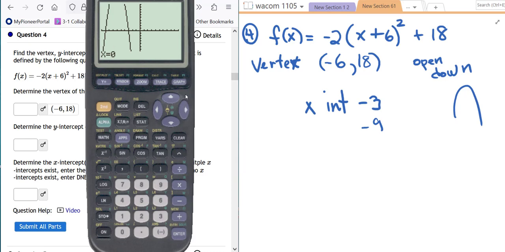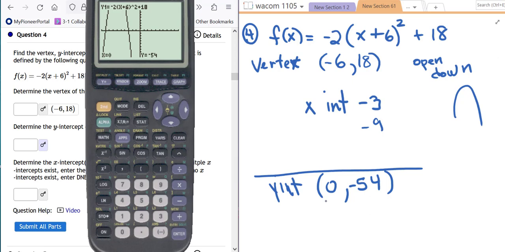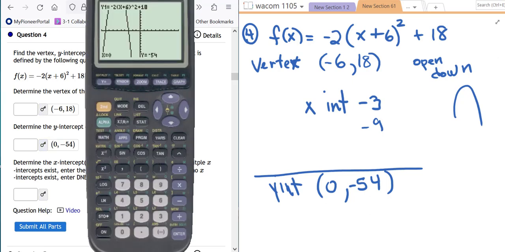Y-intercept, Mrs. H. So, we'll go back to those others in a minute. Y-intercept is 0, negative 54. All right, so I can enter that answer here. That's a calculator.